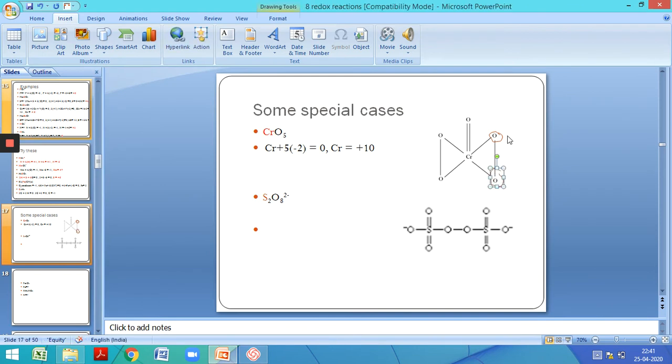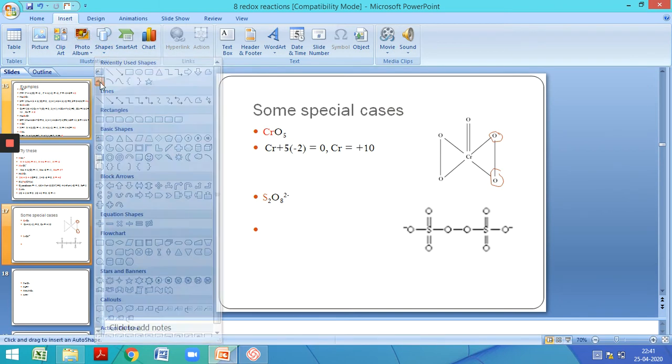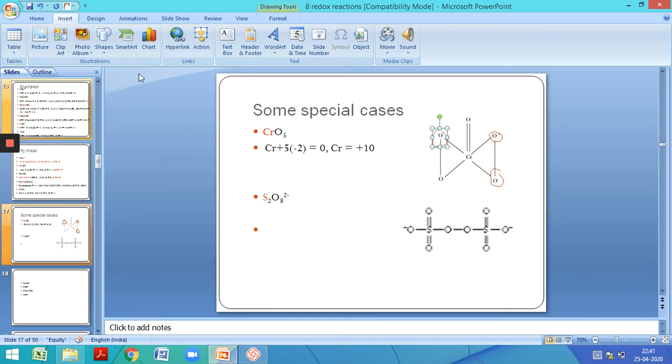Each of these will have an oxidation number of minus 1 since there is a peroxide bond here. The bond between the two is a peroxide bond. So oxygen and oxygen, this is a peroxide. The oxidation number of both these cases is equal to minus 1.